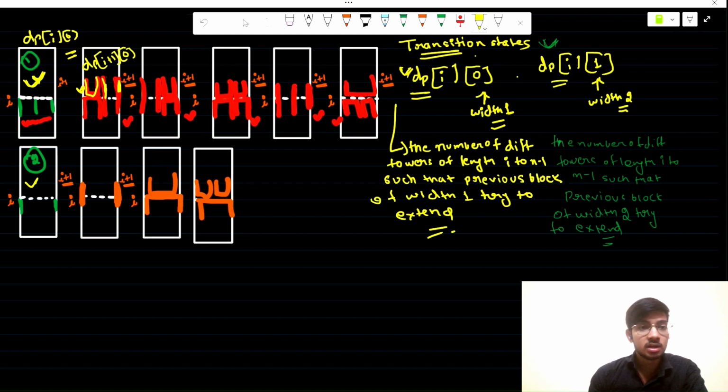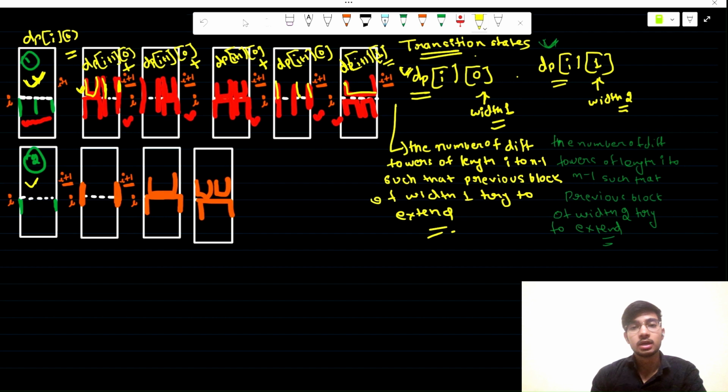Similarly, plus here also the width of 1 is trying to extend, plus here also width of 1 is trying to extend, right? But here width of 1 is trying to extend, I plus 1, dp of I plus 1, 1, for the width of 2 trying to extend, right? So it is the addition of all of this.